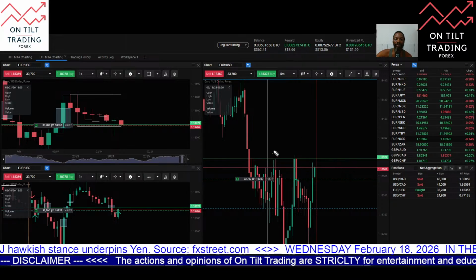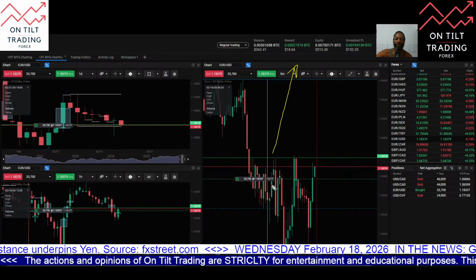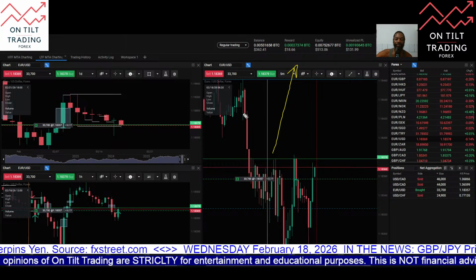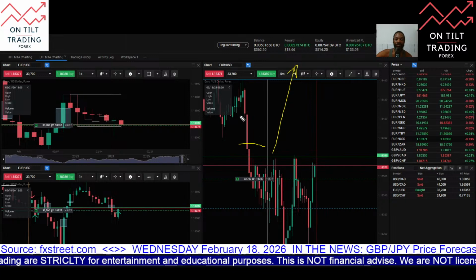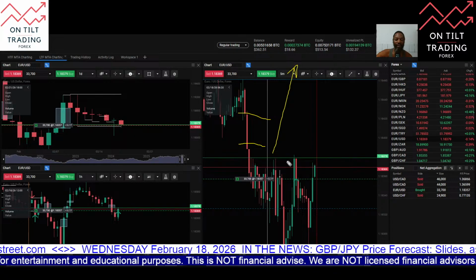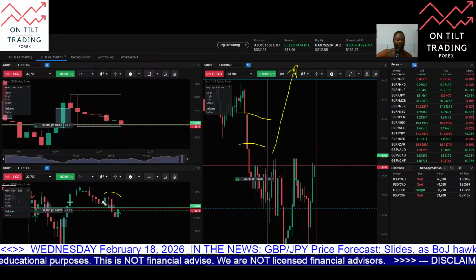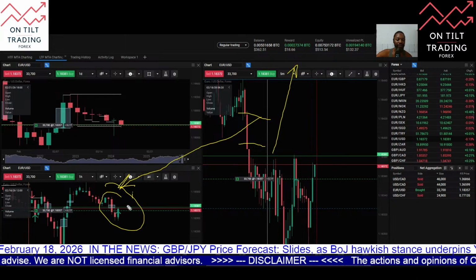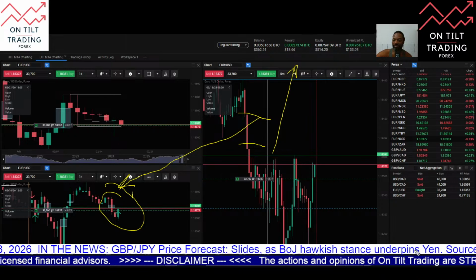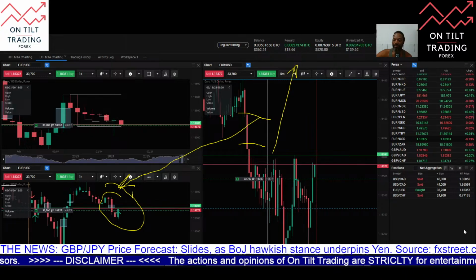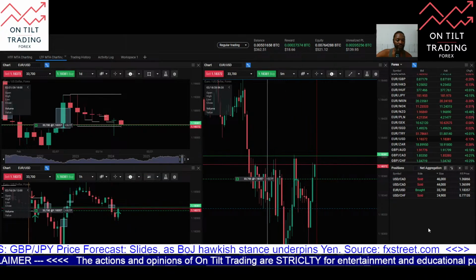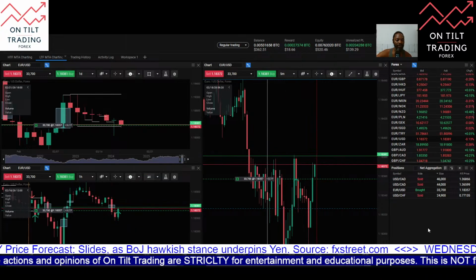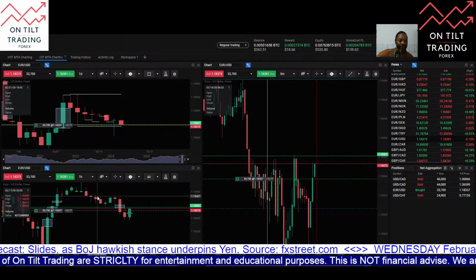And you want to see price deliver through this level and disrespecting all of these fair value gaps along the way, which would mean that this bearish fair value gap here on the 1 hour is also disrespected, which would be a good indication that price wants to continue buy side delivery.